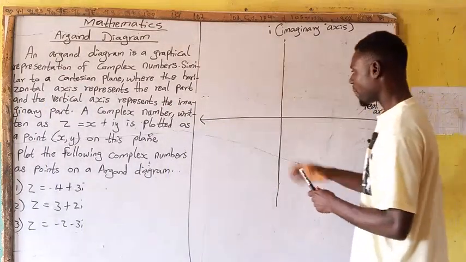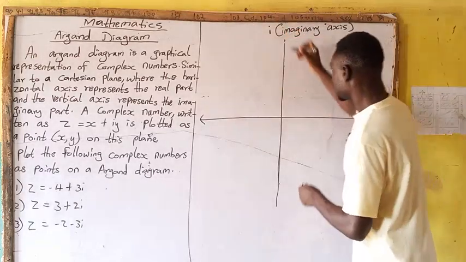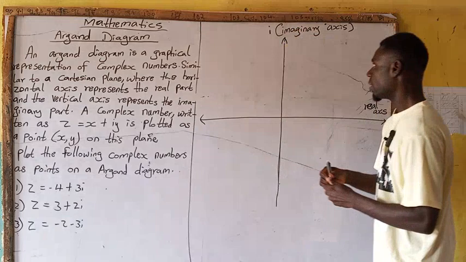So where do we start from? We start with the vertical line. The vertical line is your imaginary line.